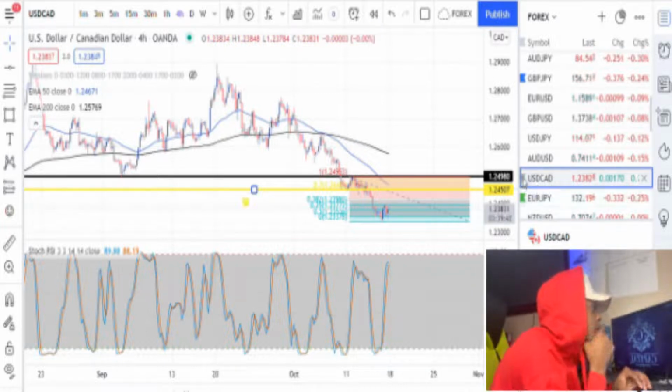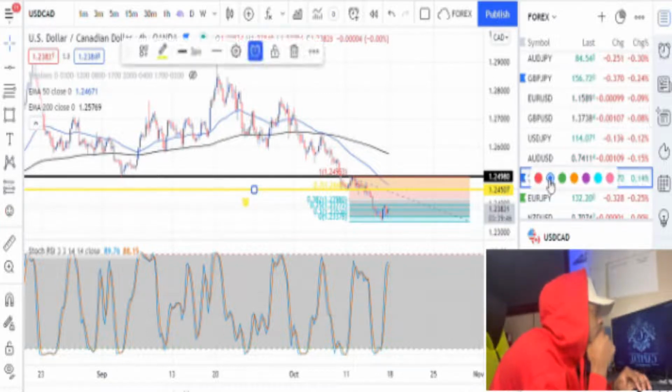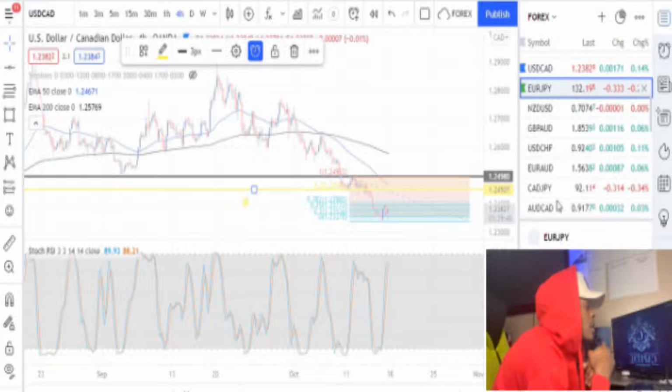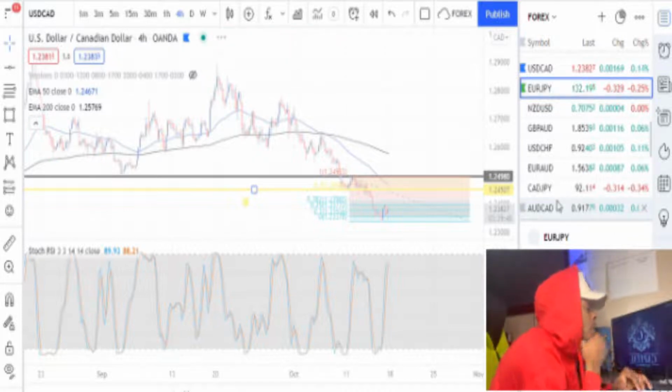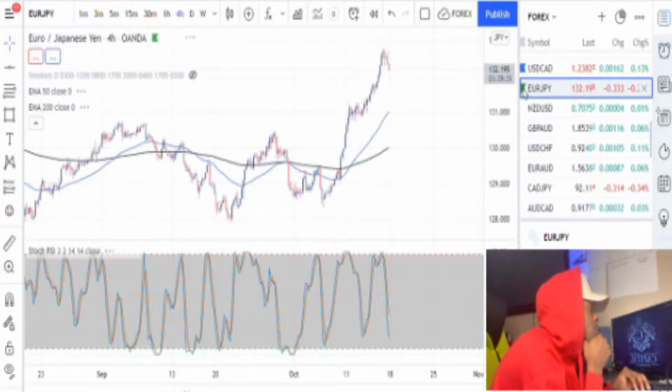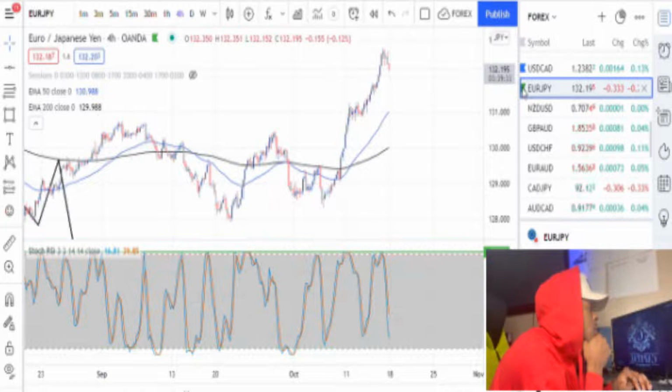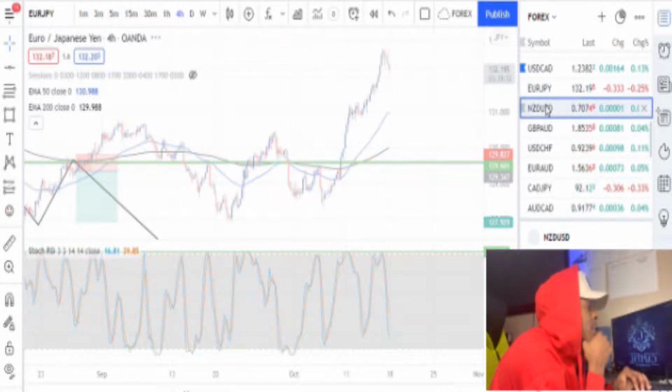See if we can catch that. I think those are gonna be all of my trade setups for the week though. I want those to be my trade setups of the week.